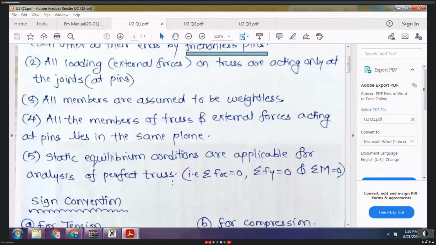I told you at the very beginning that as we are considering equilibrium of a general coplanar force system, the conditions of equilibrium are summation Fx is 0, Fy is 0 and M is 0. That is, the algebraic sum of moments about a point in the plane for all the forces is equal to 0.